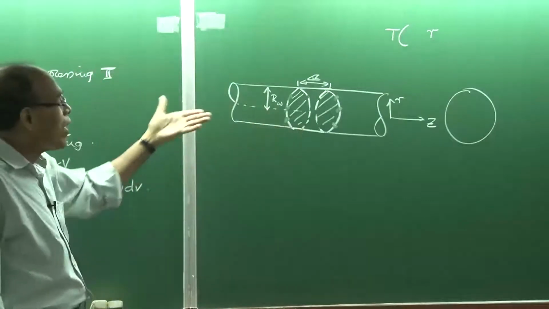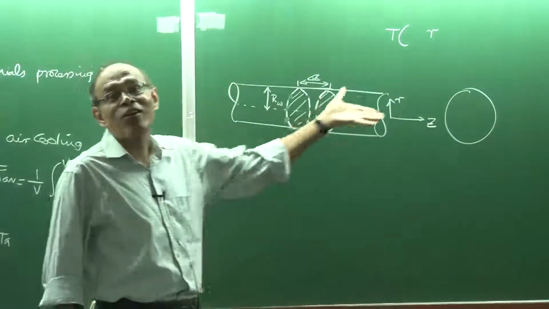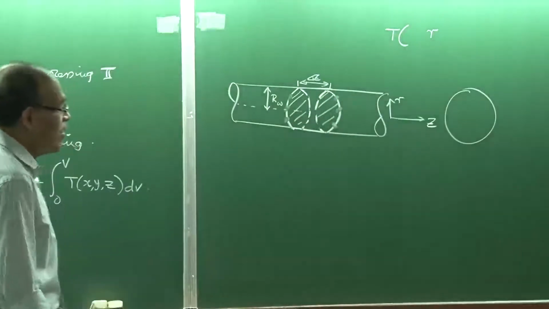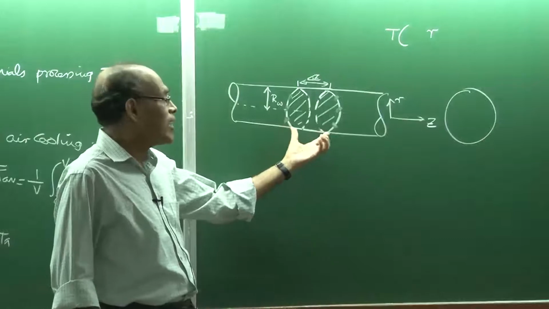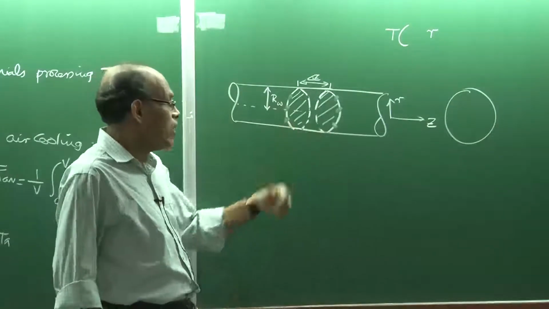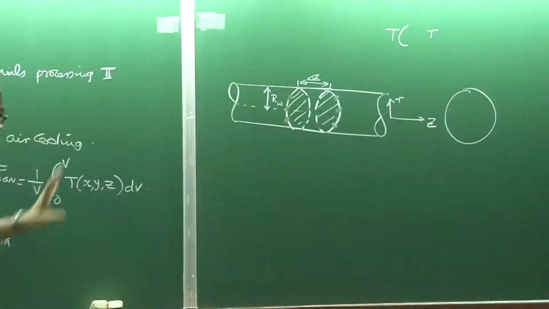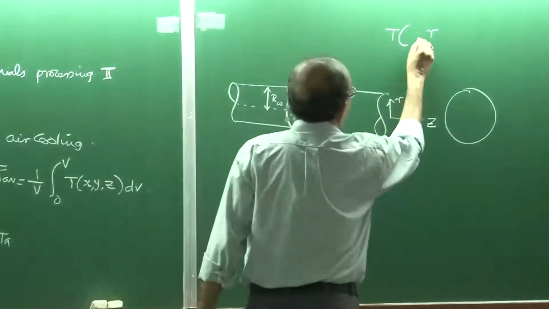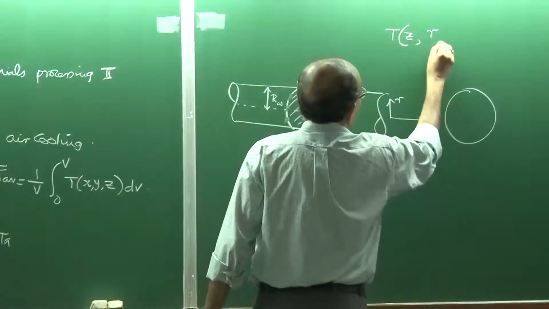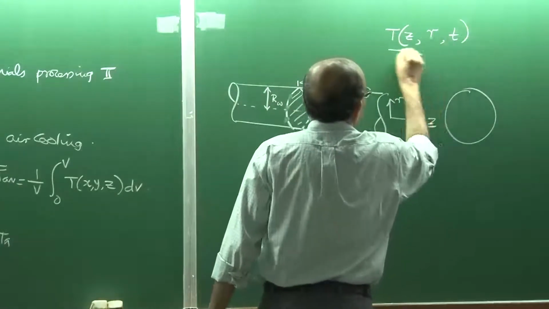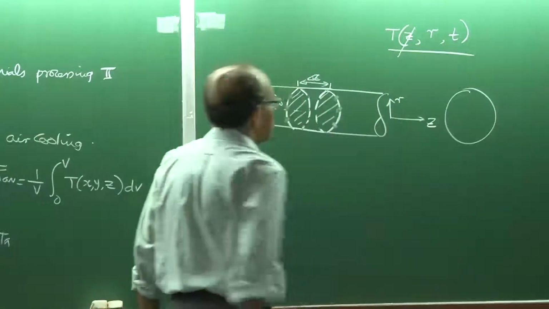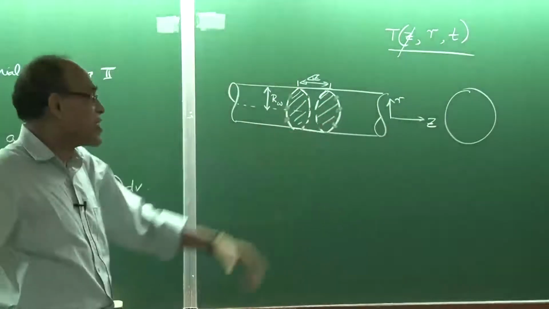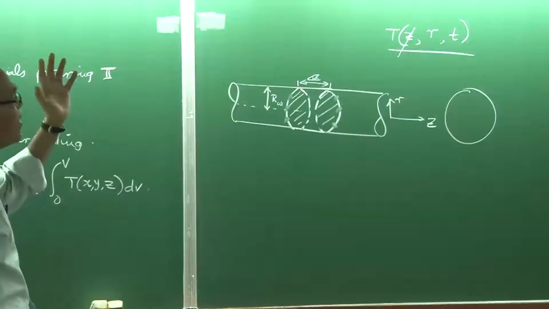If you take a moving wire, in that case just an axial conduction term has to be added, and that can be derived very easily by taking an elemental cylindrical control volume. So, let us consider for the time being that this could be a function of z also, and this could be a function of t also, but we do not want to consider this. We can consider that the cylinder is infinitely long, it is stationary, and there is only radial heat transfer.